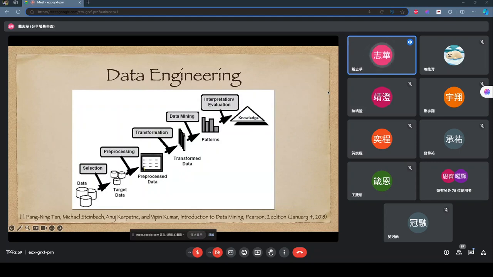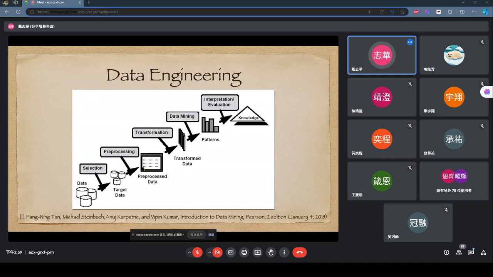This is data engineering. And that is why a data scientist, or we say data engineer, is worth being paid more than a general engineer who just does the coding.